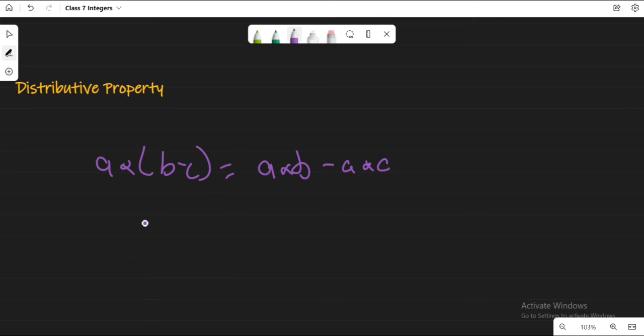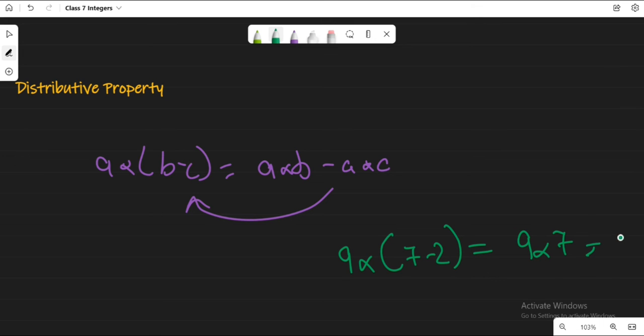And we can do the reverse also: a into b minus a into c is equal to a into (b minus c). Let's take one example. Let's say 9 into (7 minus 2) is equal to 9 into 7 minus 9 into 2.